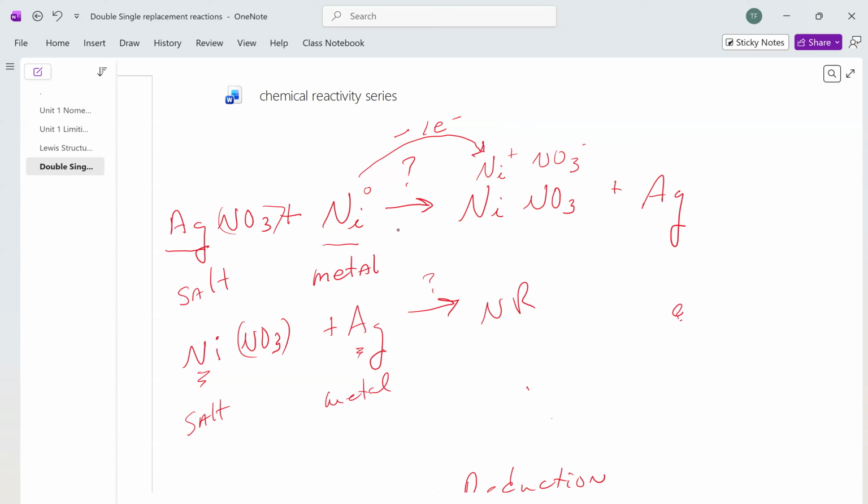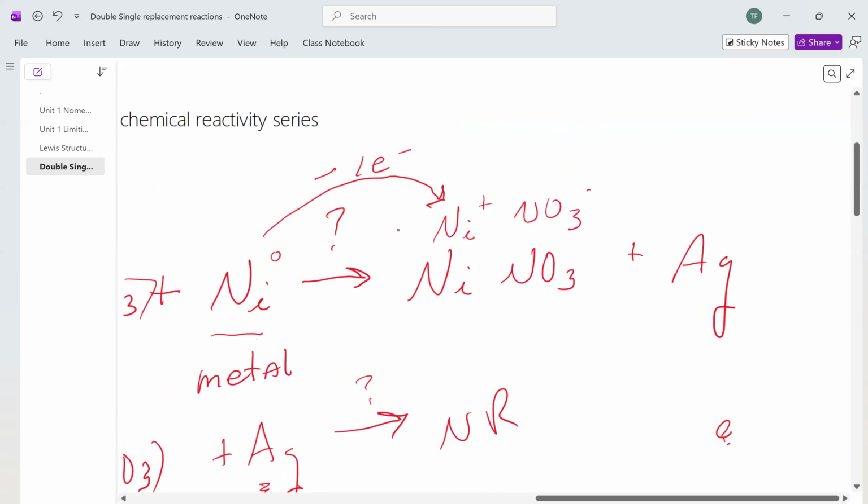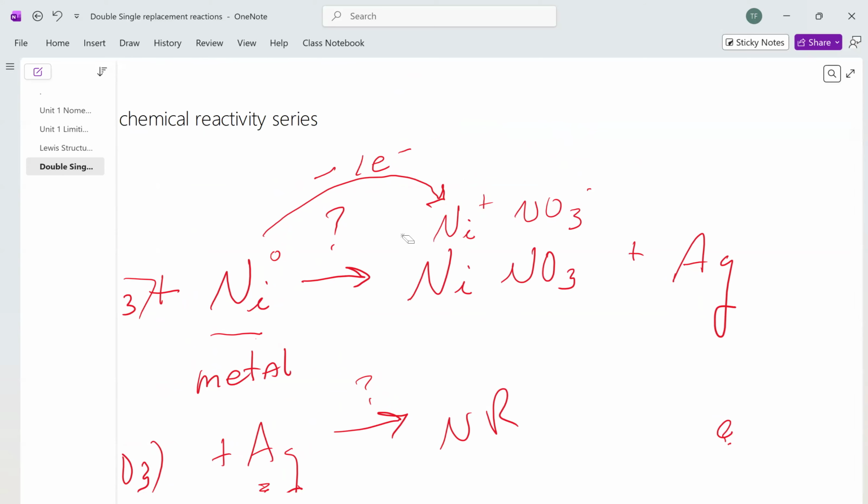That means this is oxidation. That's losing an electron. Now, the issue with something losing an electron is that something's got to receive the electron.